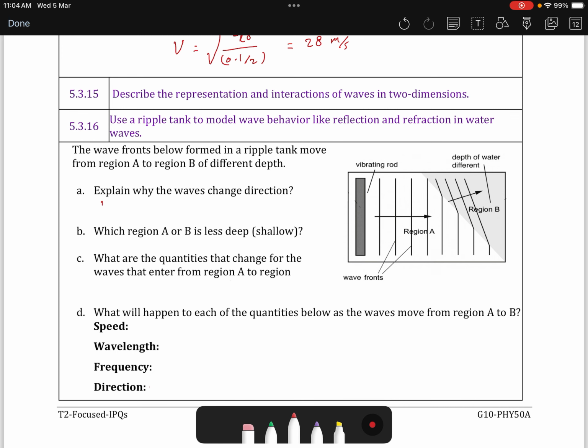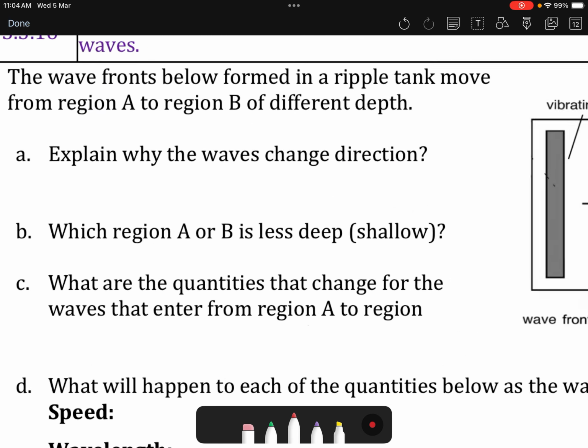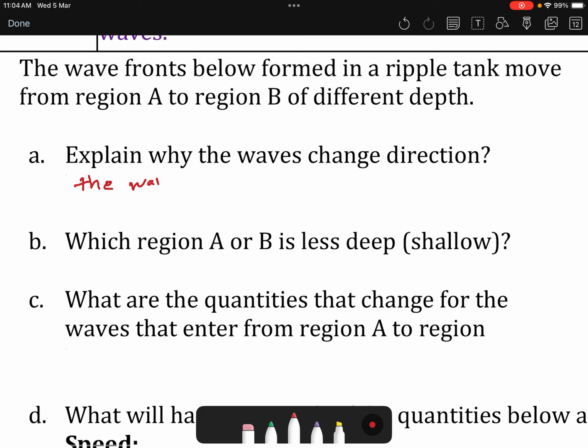So the wave will change direction, between two brackets, refraction. That's it.